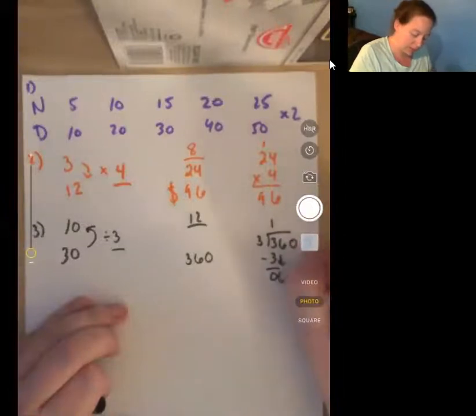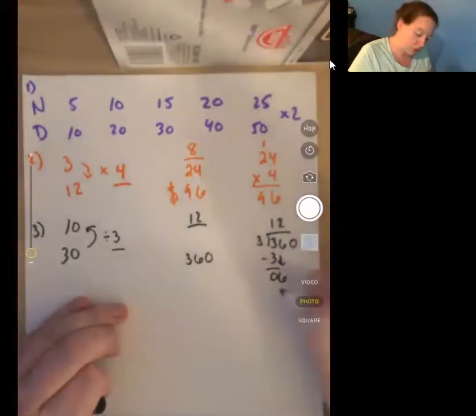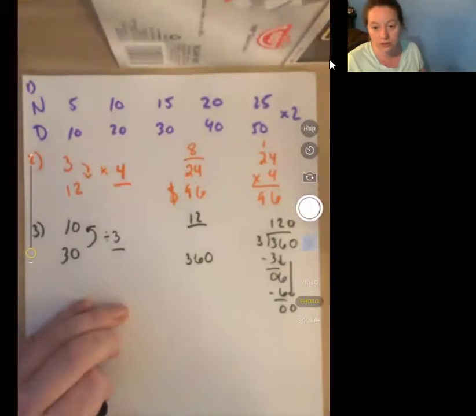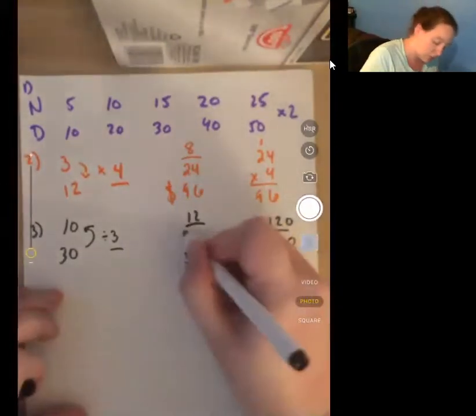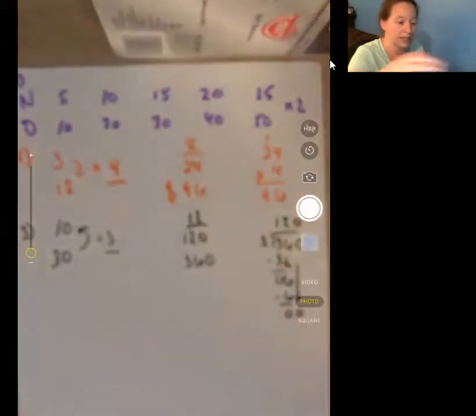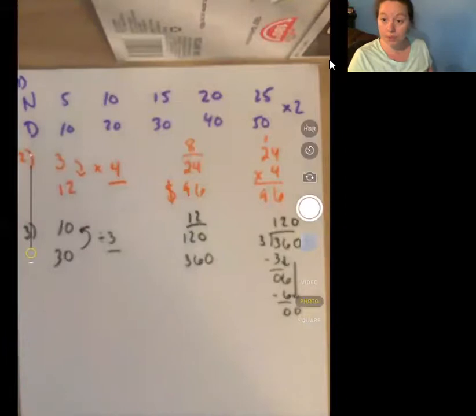Bring down the 6. 6 divided by 3 is 2 because 3 times 2 is 6. Bring down the other 0. And then 3 goes into 0, 0 times. So it's 120 marbles inside that one bag. Okay? You should be good for the rest of it. Talk to you later, guys.